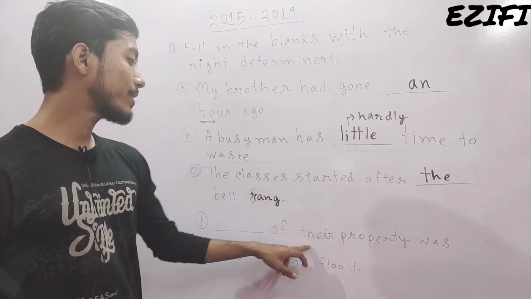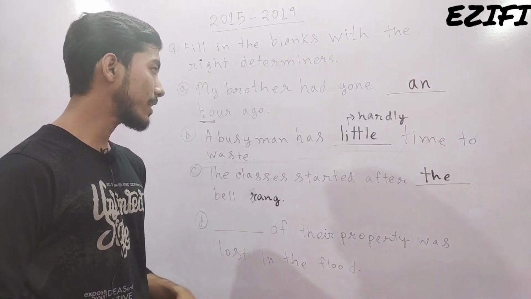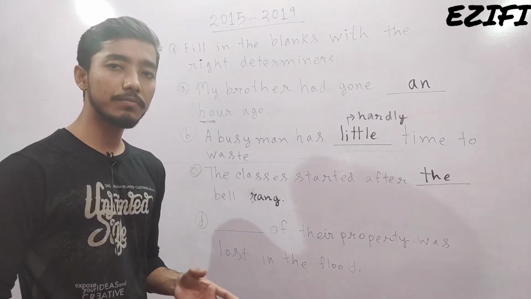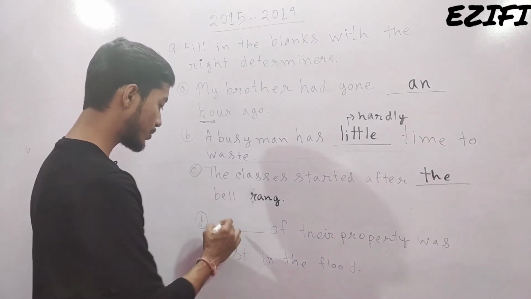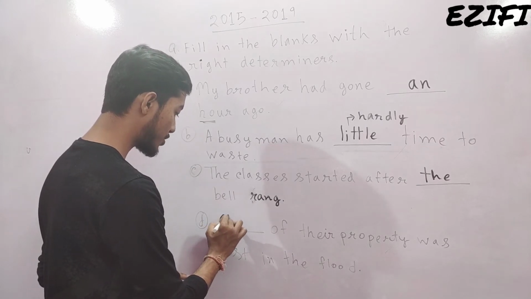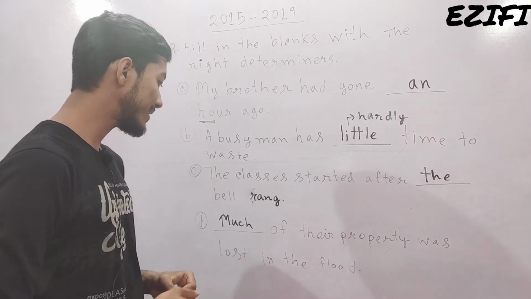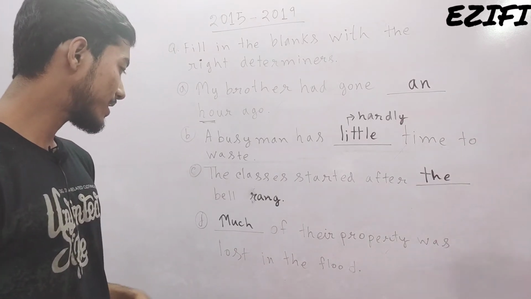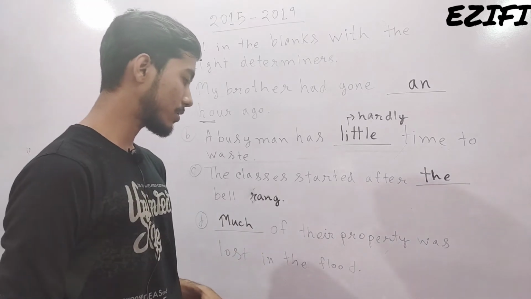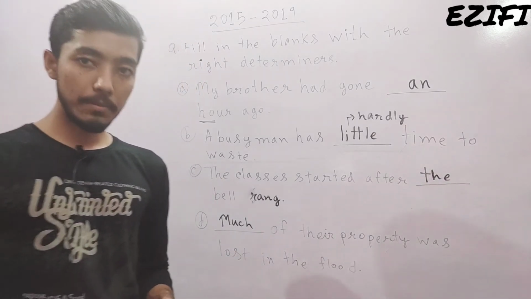As I was saying, you might find answers like most, but we will not write most, we will write much. This much we have written to show that much of their property was lost in the flood. That means the extent of loss of their property was very much.